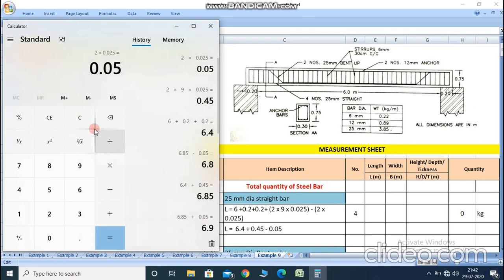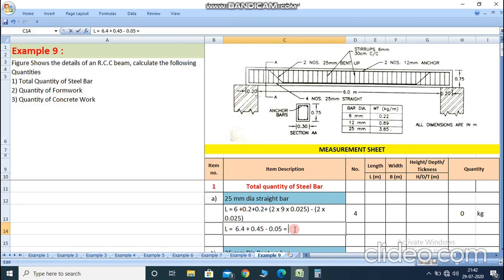Now we use the calculator, so total length is equal to 6.8 meter. So right here we write 6.8 meter.